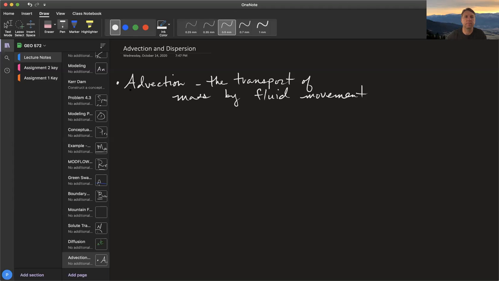So here we've got, let's say, water flowing in a current, and our dissolved particles are moving along with the water, right? They're being transported in the current. This process is advection.